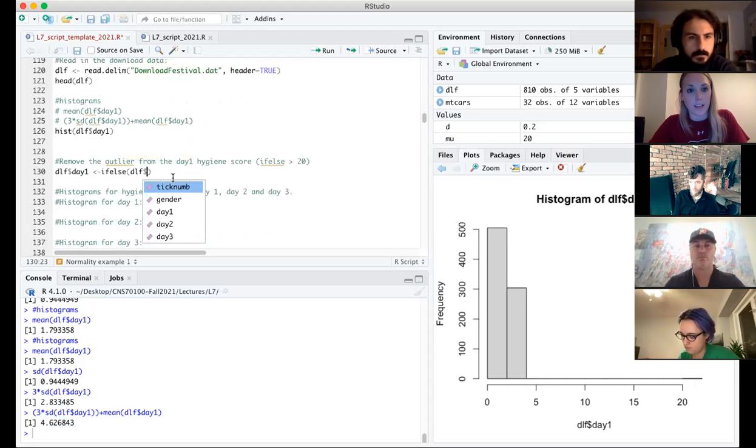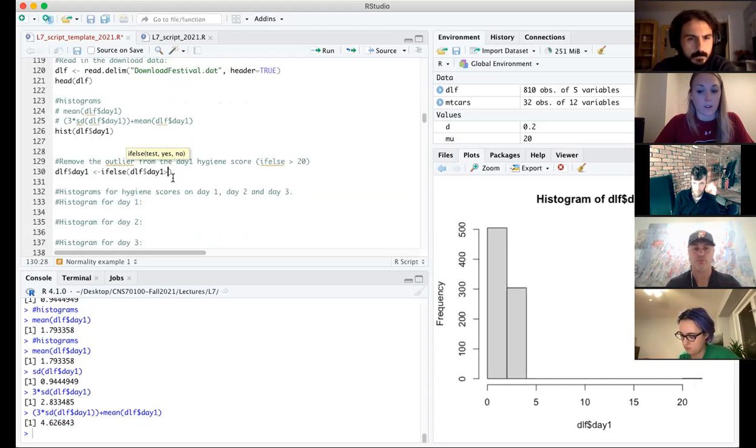So I'm going to say ifelse day 1 is greater than 20, because we can see out here it's already past 20, I'm going to replace it with NaN. Else I'll just replace it with the value itself. Does that make sense?